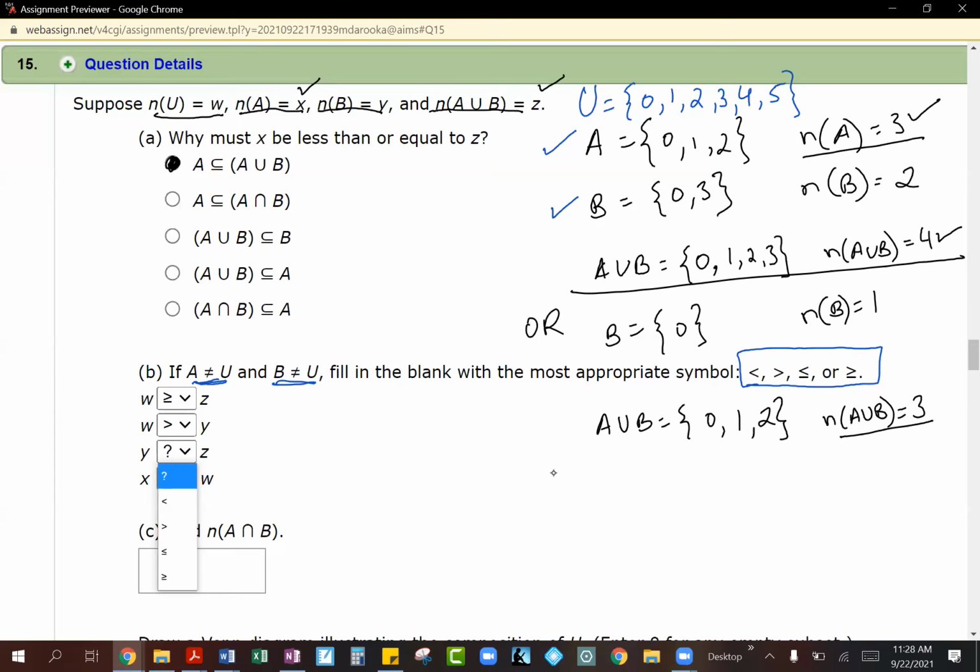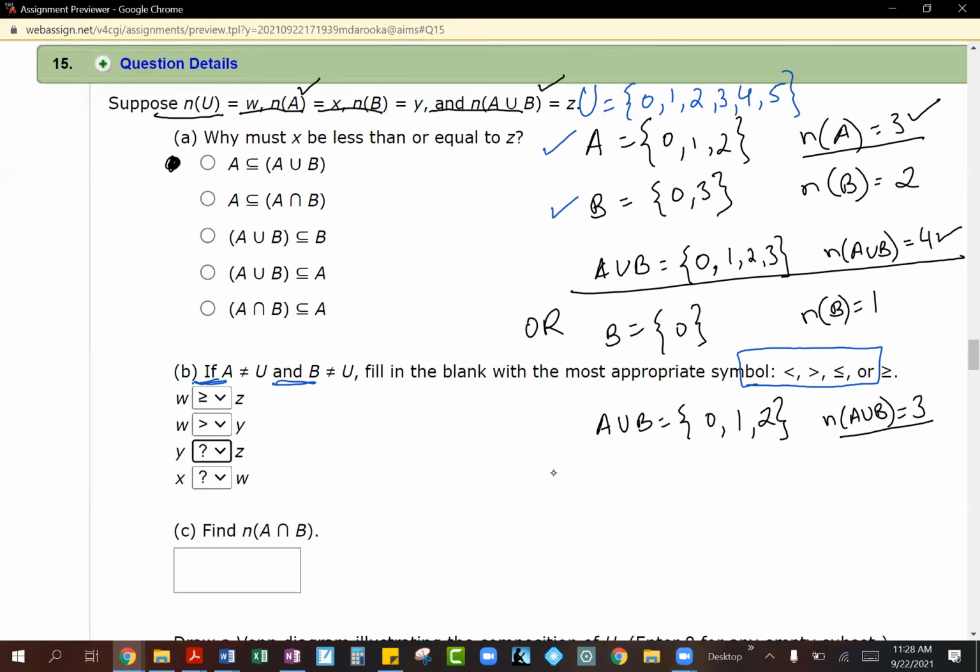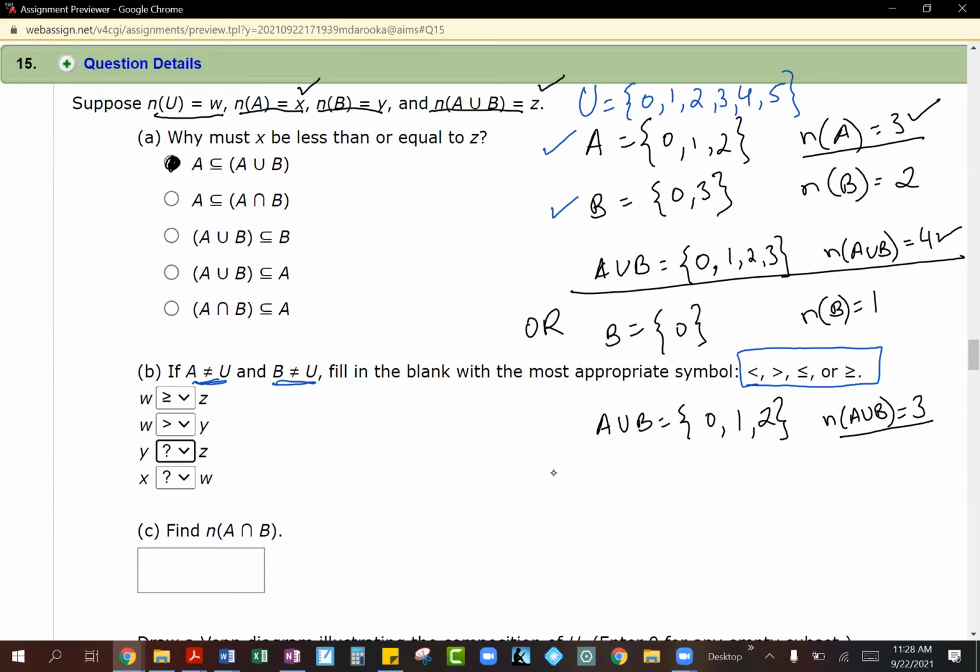In part A, we said the cardinal number for set A could be the same as the cardinal number of A union B. So the same logic can be applied with set B and set A union B, because all we have to do is reverse this, make this set B and make this guy set A. And then you can see your cardinal numbers can still end up being the same, right?